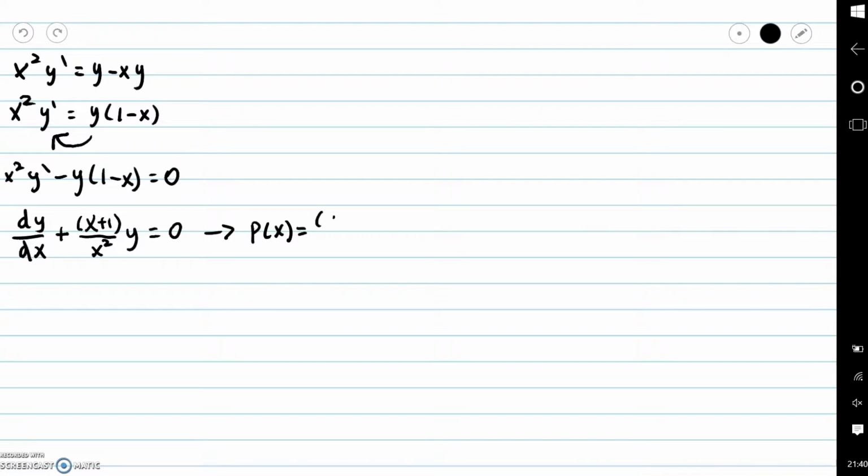We know that p(x) equals (x minus 1) over x squared. So mu(x) is e to the power of the integral of (x minus 1) over x squared. The mu(x) will be x e to the power of 1 over x, simply by simplifying the equation.